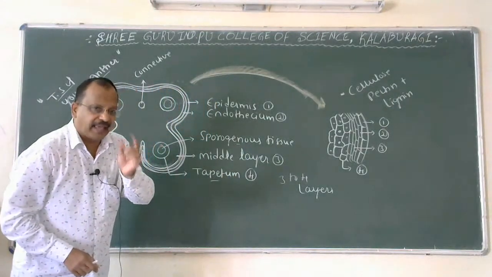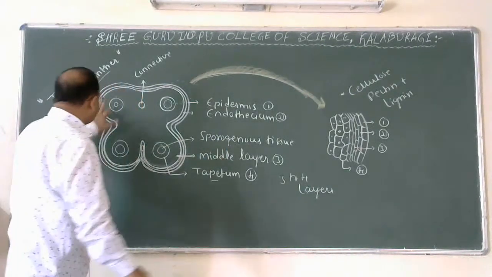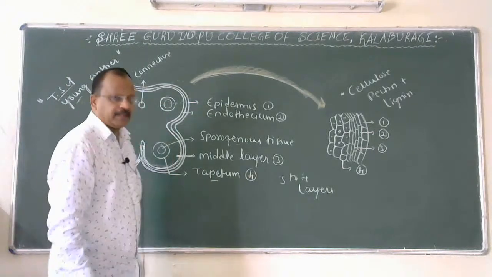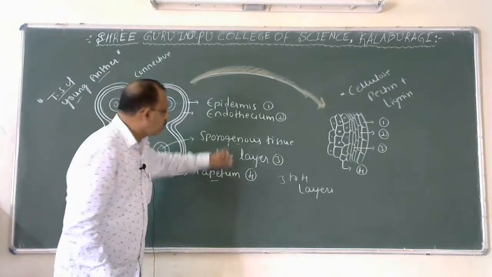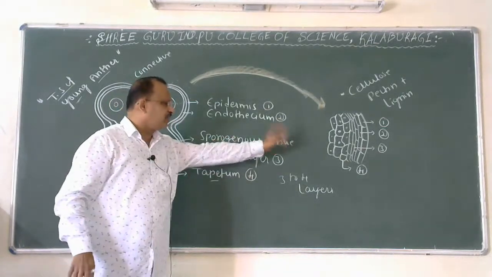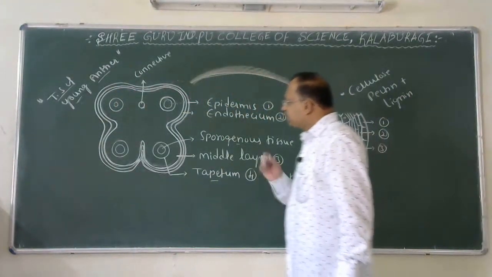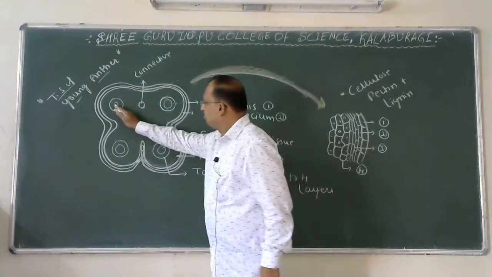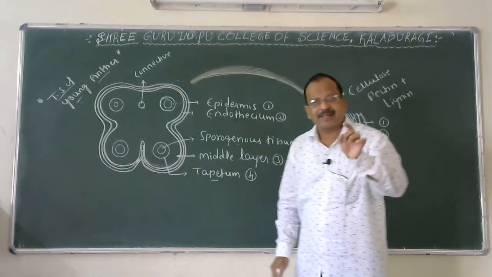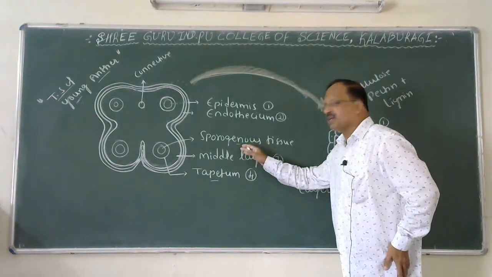When the anther is young, you will get a group of 4 compactly arranged homogeneous cells known as sporogenous tissue.